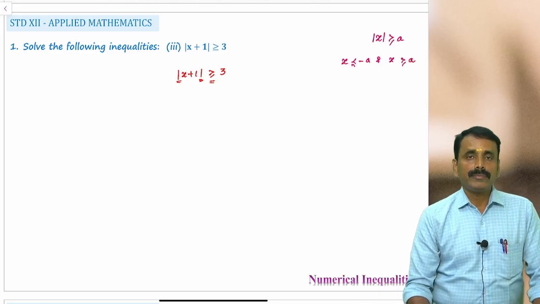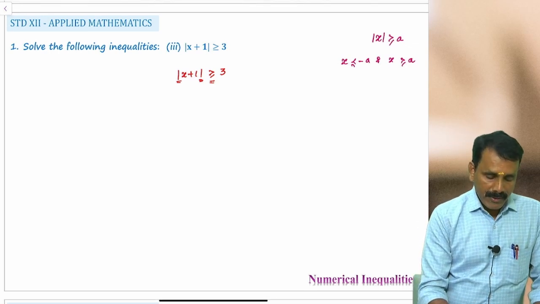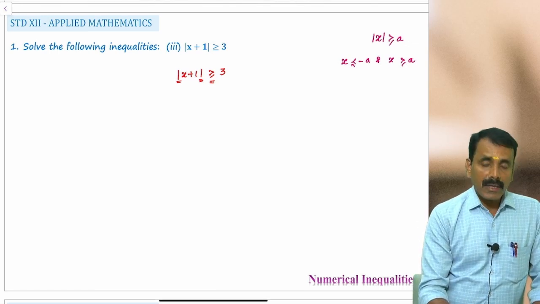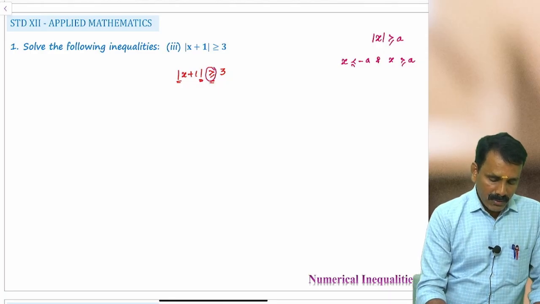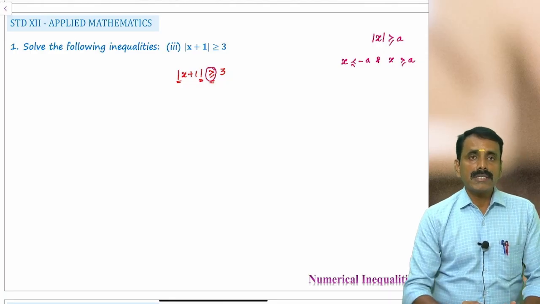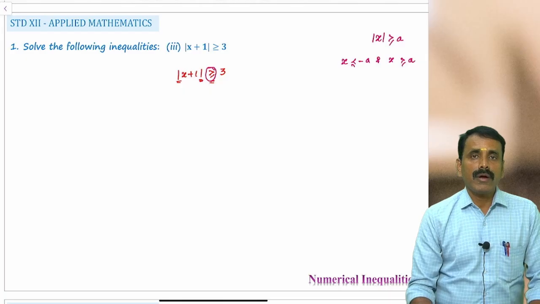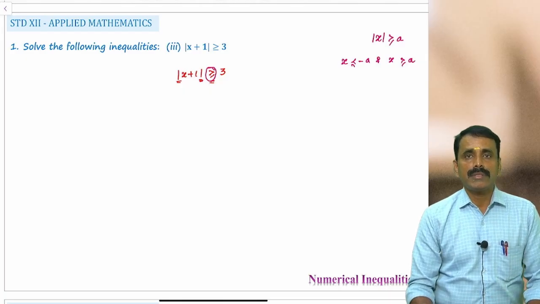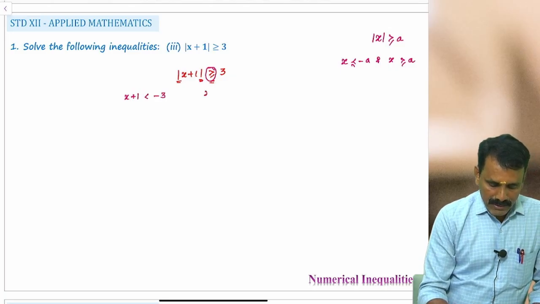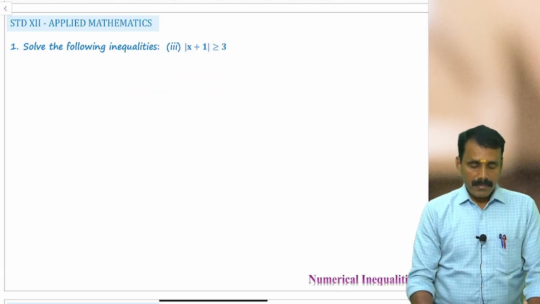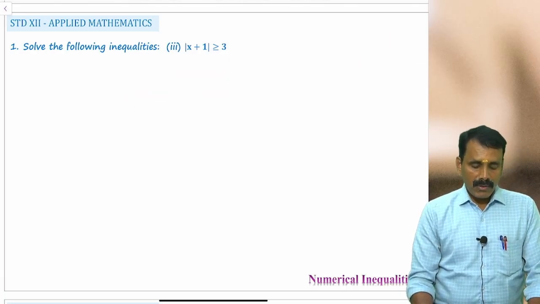Same way, here modulus of x plus 1 is greater than or equal to 3. Because we have greater than or equal to, we cannot solve this as a single inequality, so we split it into two inequalities. One is x plus 1 less than or equal to minus 3. The other one is x plus 1 greater than or equal to 3.